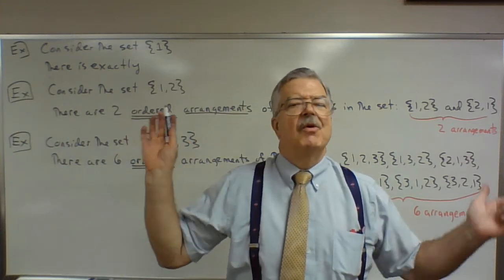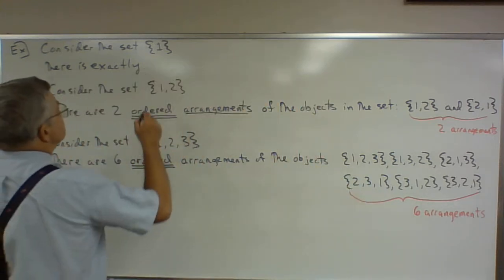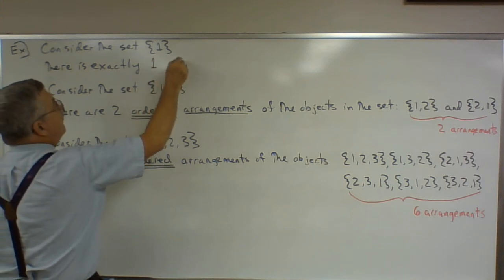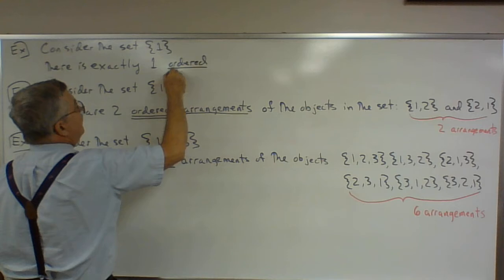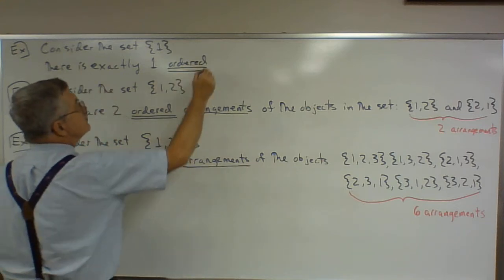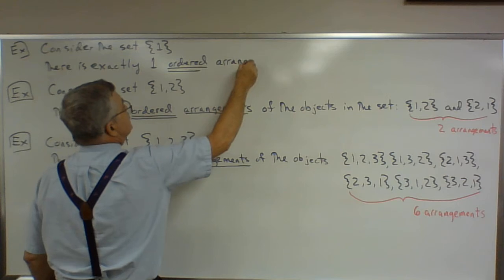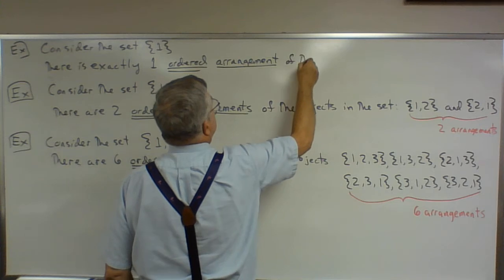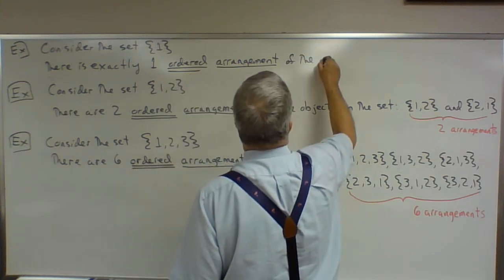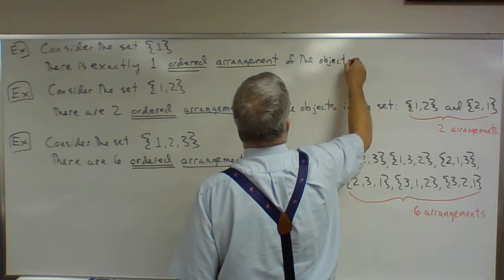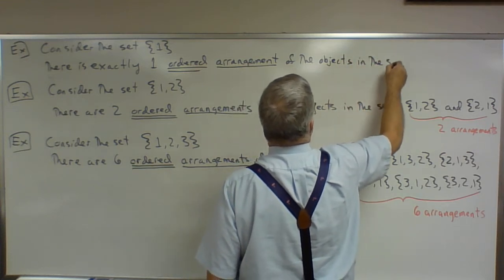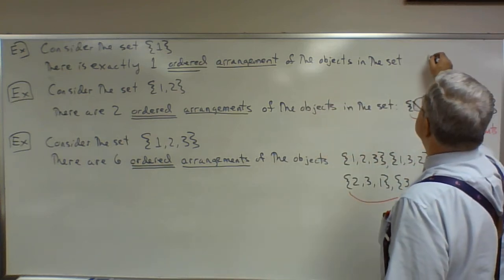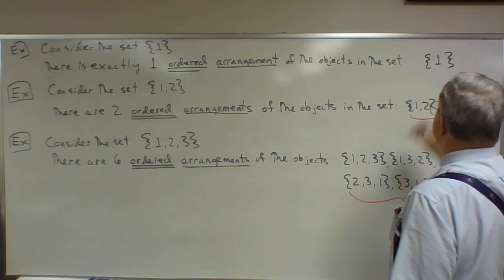One comes first, and we've ordered all the elements. There's exactly one ordered arrangement of the objects in the set, and here it is.